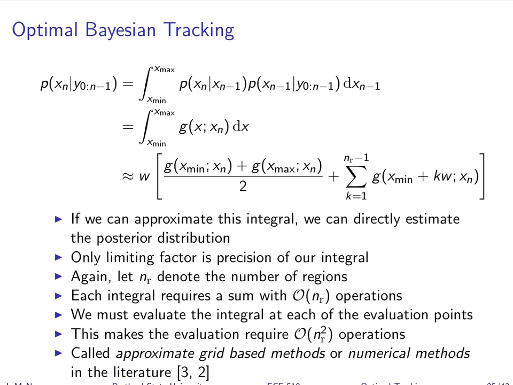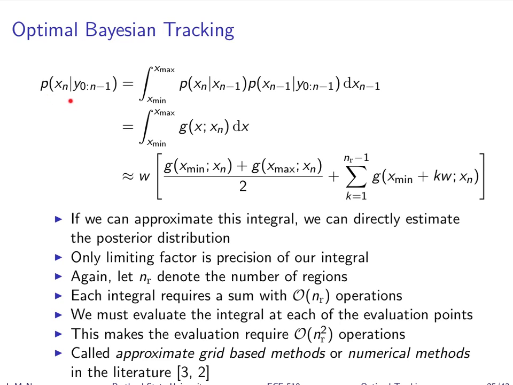So we can go through and do the numerical integration with your favorite technique. One of the things that may not be clear is if you're going to evaluate this integral over a single dimension, the number of operations involved is the number of regions squared. The reason is that to evaluate this integral, you've got to evaluate it at every single bin location.